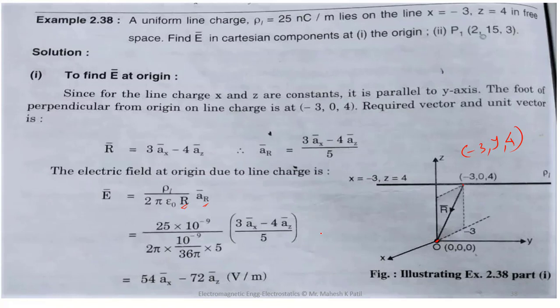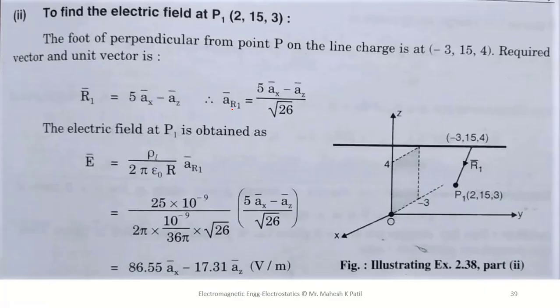Now it is asked to find electric field intensity at the second point, that is 2, 15 and 3. So consider this is the x-axis, this is the y-axis, this is the z-axis.